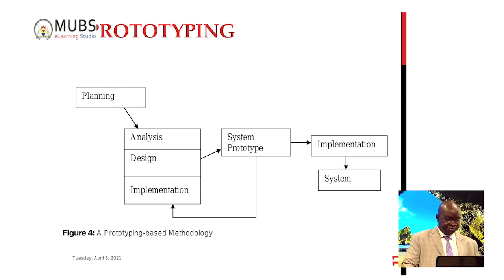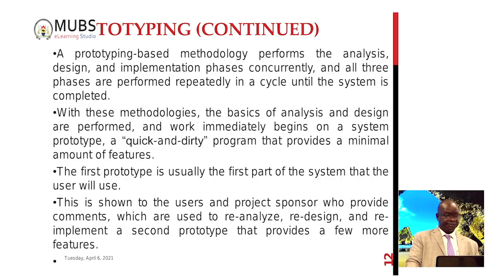After getting the next version of this system, they still present it. And then finally, if users agree this is the right system, it goes to implementation, and then the system goes to productive use. So that is the prototyping in brief.